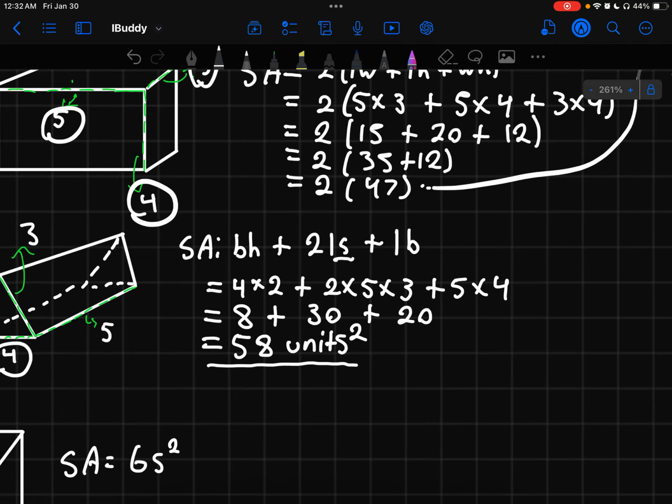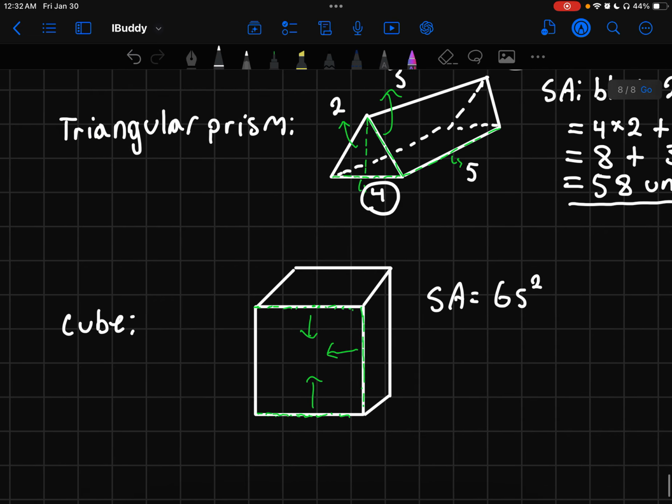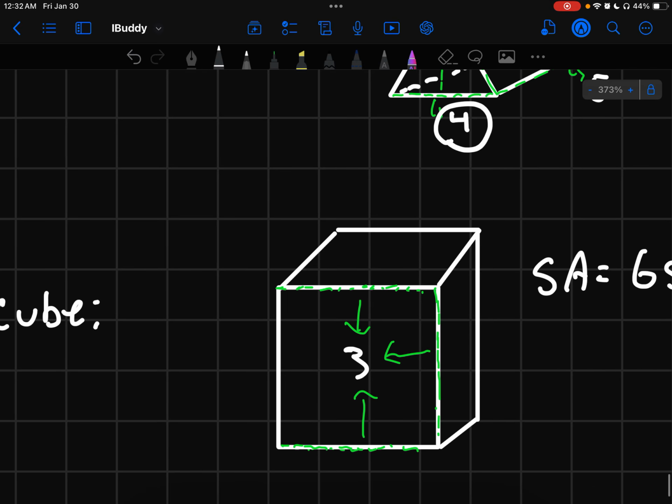And now lastly we have the cube. So we can just set its side length to 3 again.